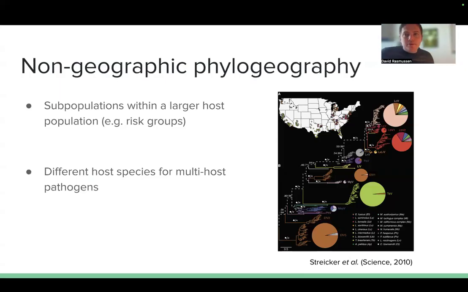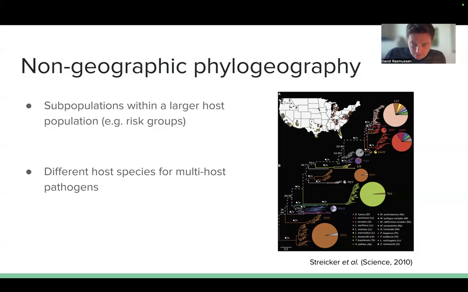Before we move on to continuous phylogeographic methods, I would just like to note that, strictly speaking, phylogeographic methods can be applied to other sorts of traits beyond just geographic locations. In other words, the states or the subpopulations in these models can represent different things.